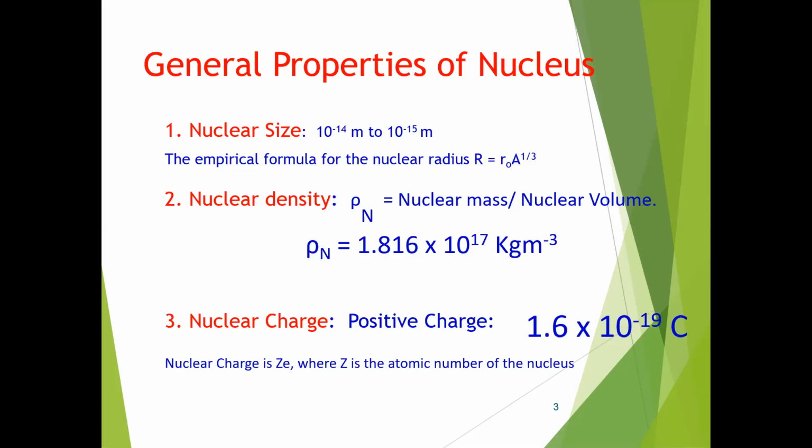So the size of the nucleus is very small when compared to the atom. The radius of the nucleus is 10,000 times smaller than the radius of the atom. So the whole atom is mostly empty. The mass is concentrated at the center and the electrons are revolving around it.